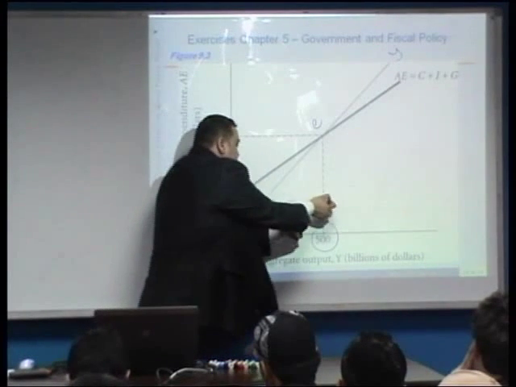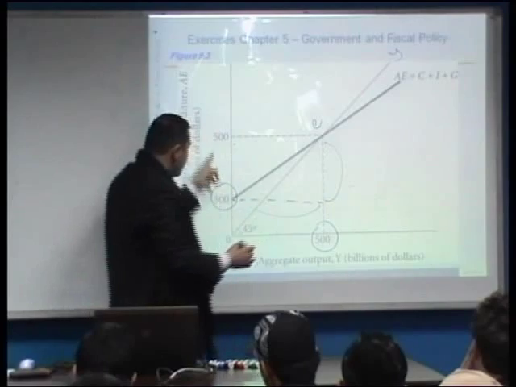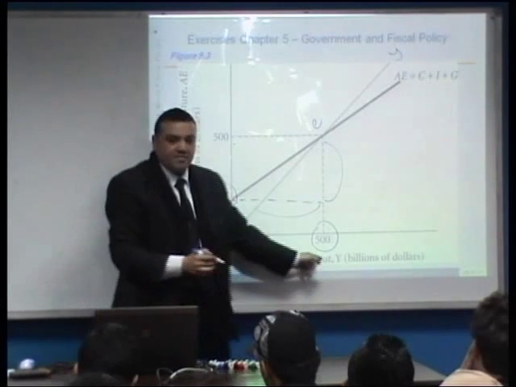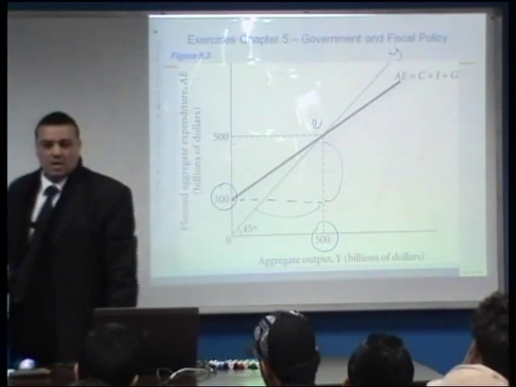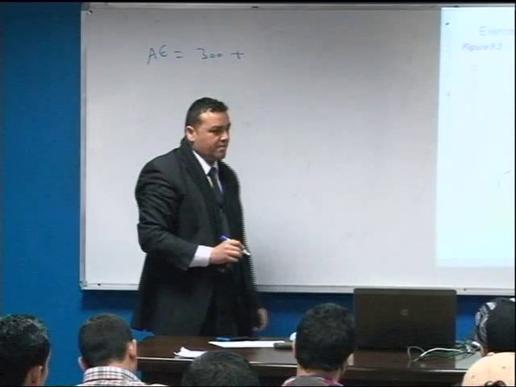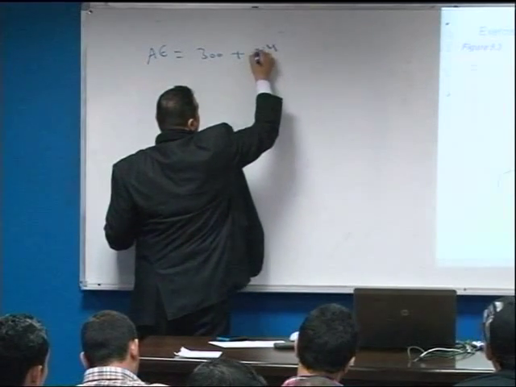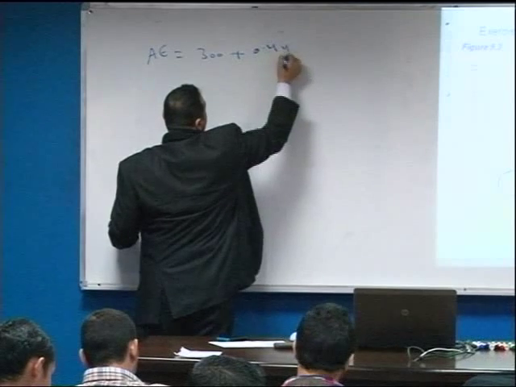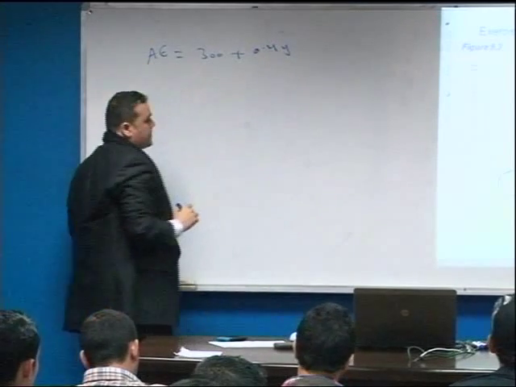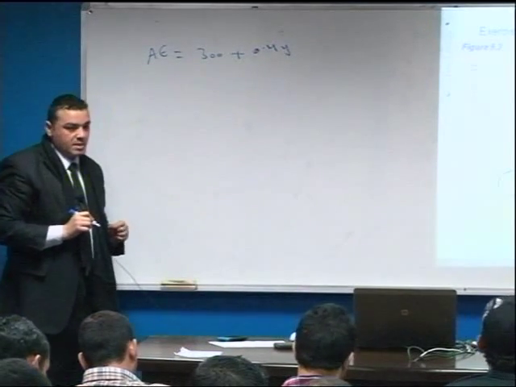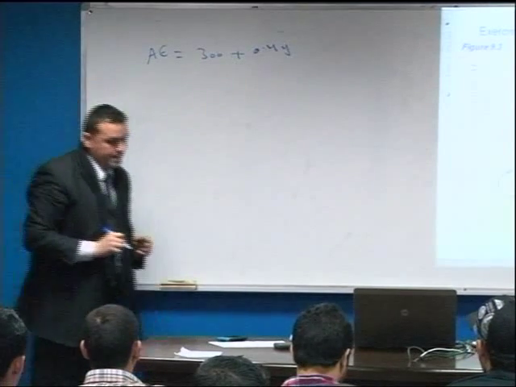This distance over this distance. How much is this distance? 200 over 500, exactly 0.4, YD. Right?